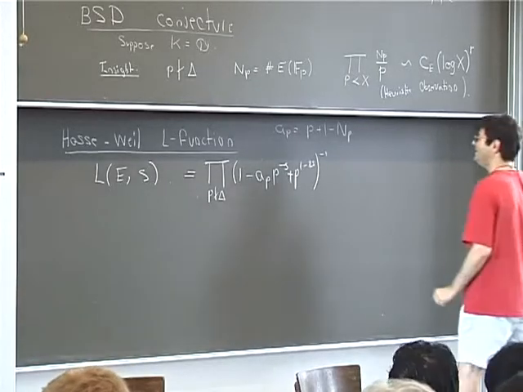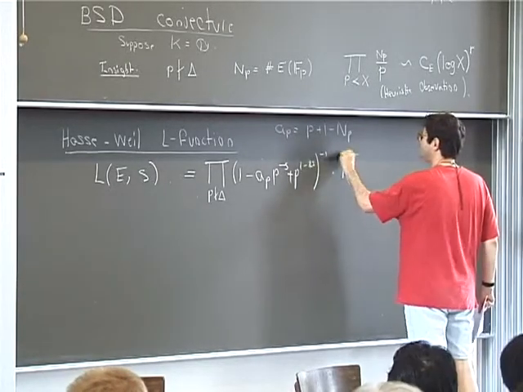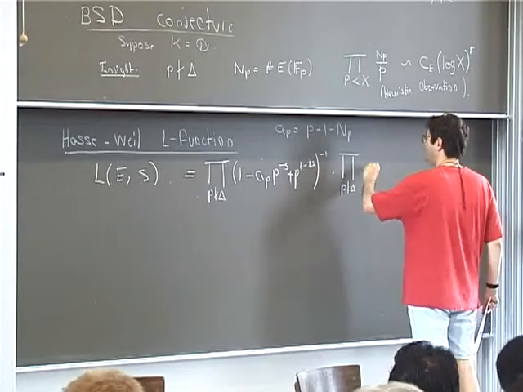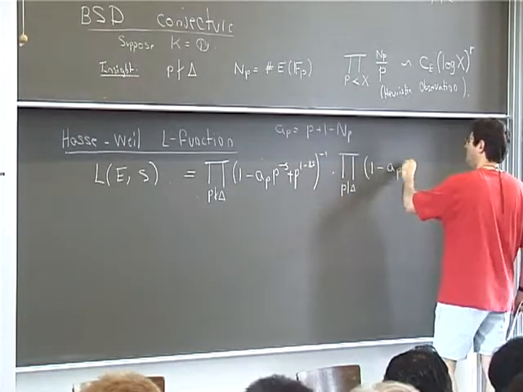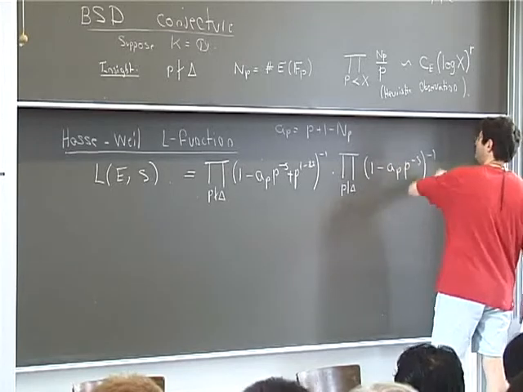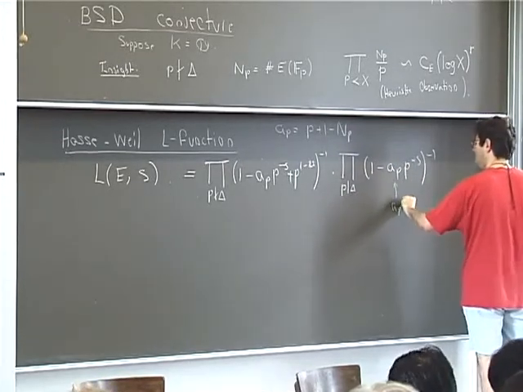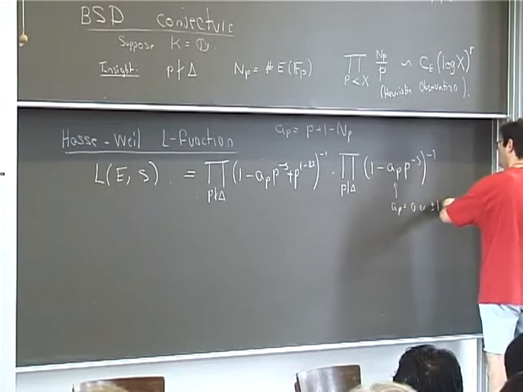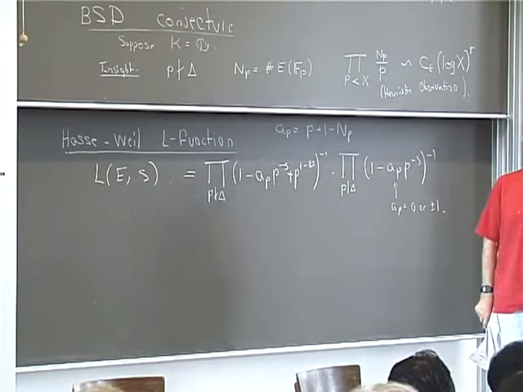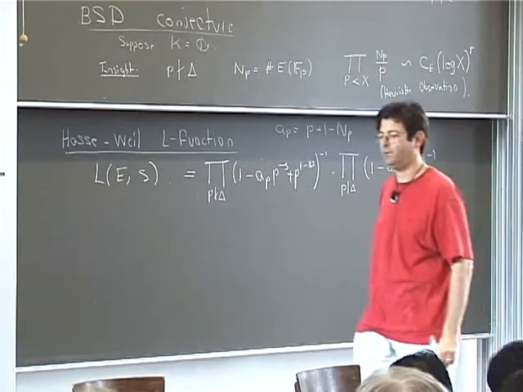When one completes it for the primes dividing delta, there's a formula of this shape where a_p is 0 or plus or minus 1, depending on the kind of bad reduction that the elliptic curve has.